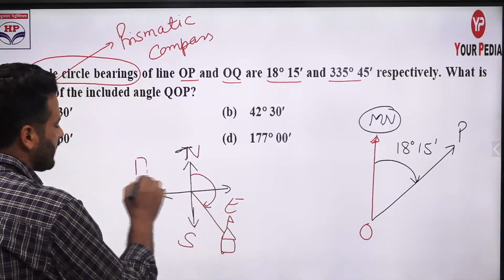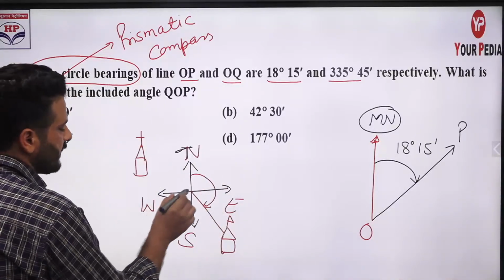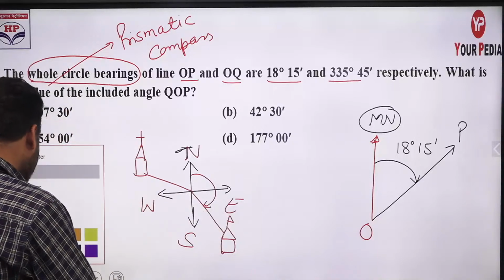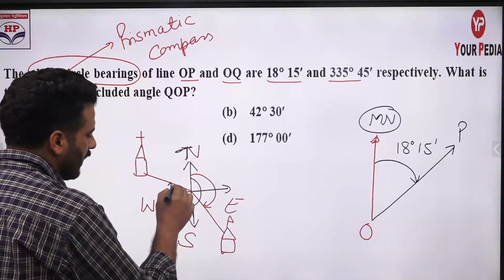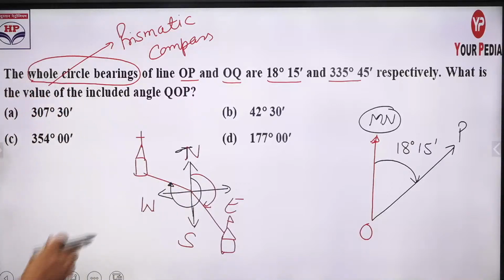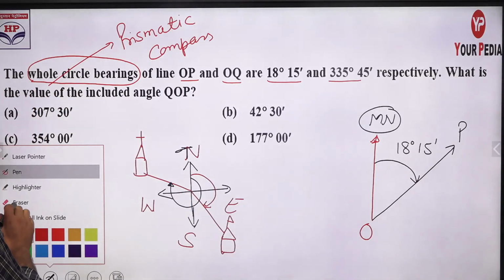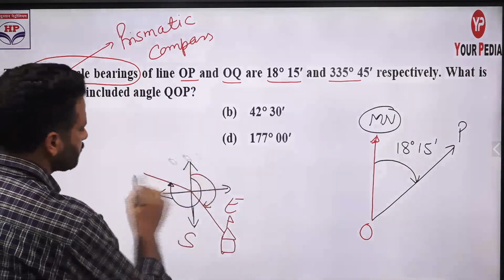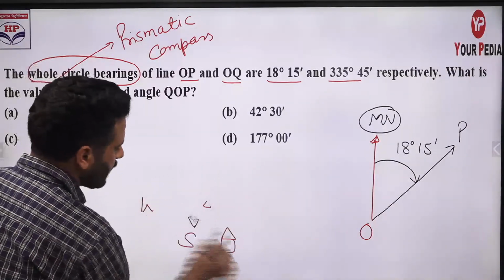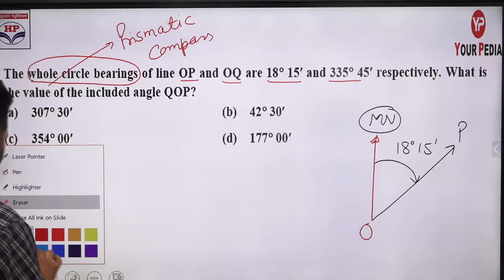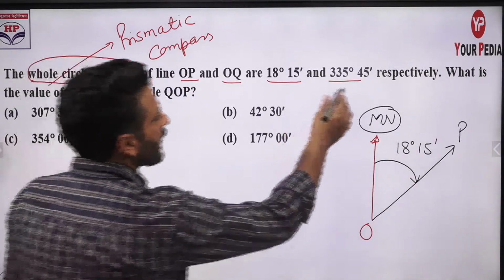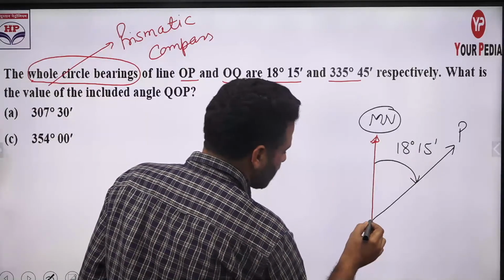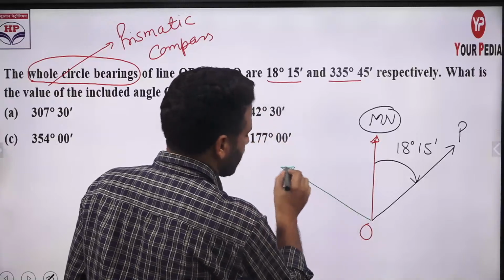Suppose some object is here, and you have to find the bearing of this particular object, so always start from north and go up to the line in clockwise direction. This is your whole circle bearing. So this whole circle bearing is given for one line OP and another line OQ. The next line OQ has 335 degree 45 minute. Now you know very well 335 degree will be somewhere here. How?